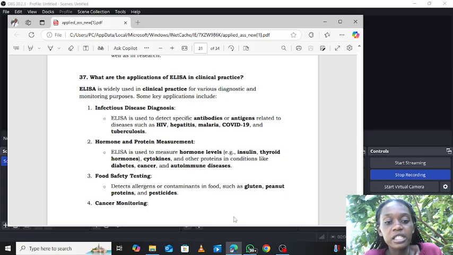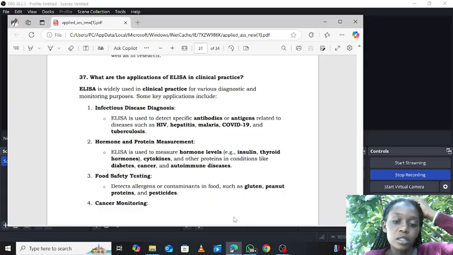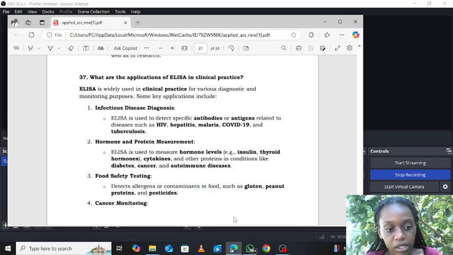ELISA is used to detect specific antibodies or antigens related to diseases such as HIV, hepatitis, malaria, COVID-19, and also tuberculosis. Then we have hormone and protein measurements. ELISA is used to measure hormone levels, for example insulin and thyroid hormone, cytokines, and other proteins in conditions like diabetes, cancer, and autoimmune disease.